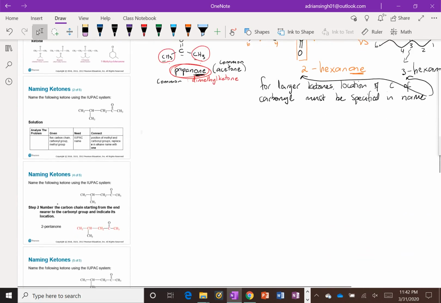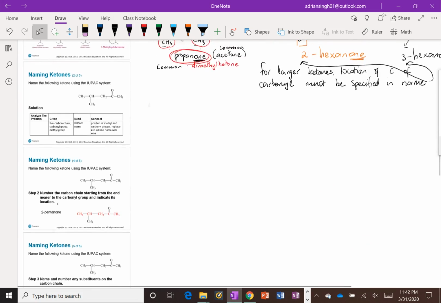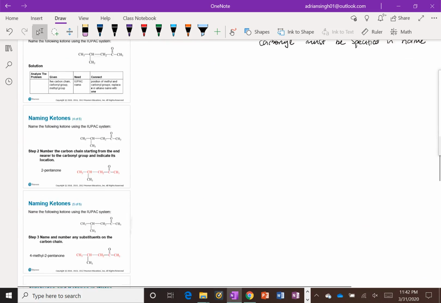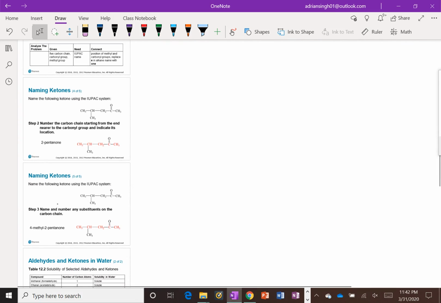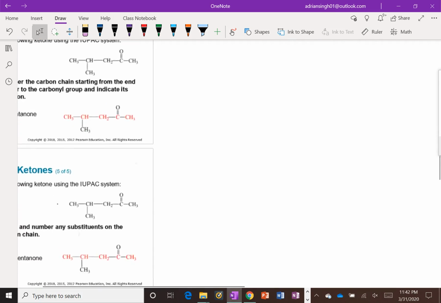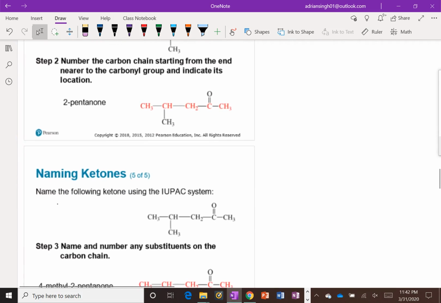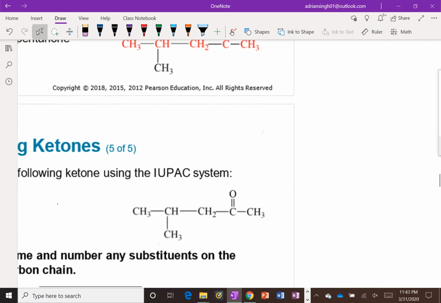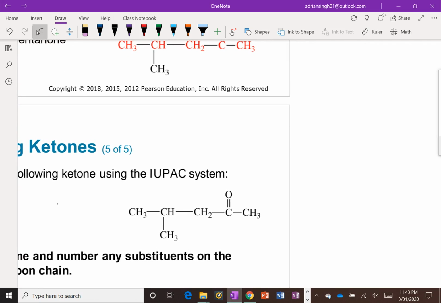All right, let's take a look here at another example. Let's look at this one down here. We're going to name this according to the IUPAC, or the systematic naming system. So we're going to identify this, right? There's our C double bond O surrounded by 2 carbons.